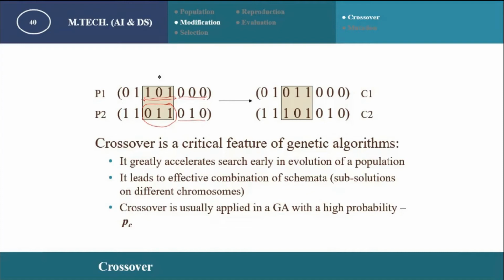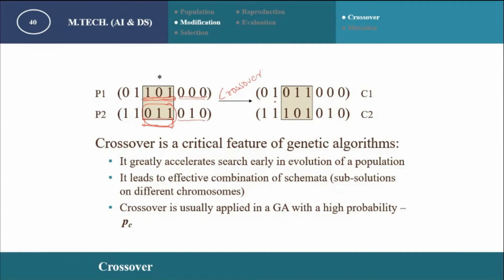And what we do is this particular schemata is interchanged with this particular schemata of the second individual. So that is the crossover. After the crossover, here the crossover happens.